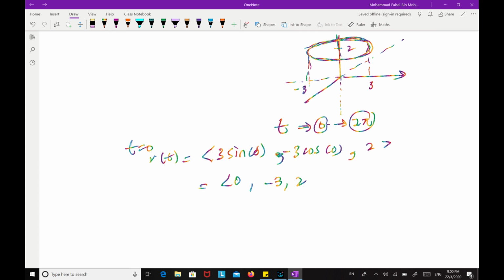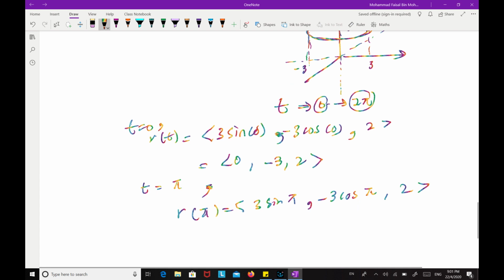Okay, and then we have t equals to, let's say I choose pi over 2. Okay, or I just choose pi. So r(pi) will be 3 sine pi, negative 3 cos pi, 2.